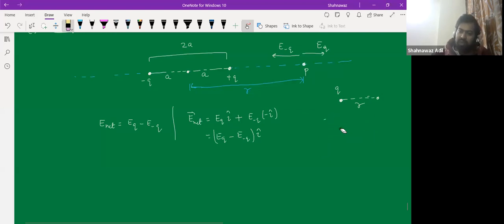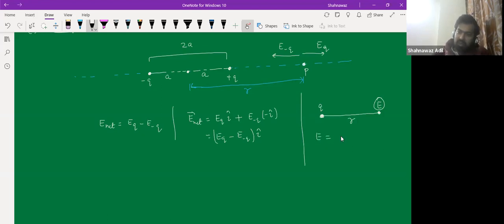Right. So let us recall this. Let's say we have a source charge Q, and let's say we have this point which is r distance from it. If we want to calculate the electric field at this point, what is it?